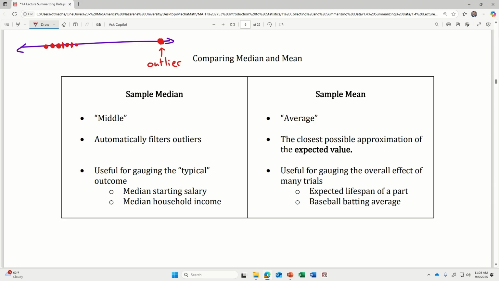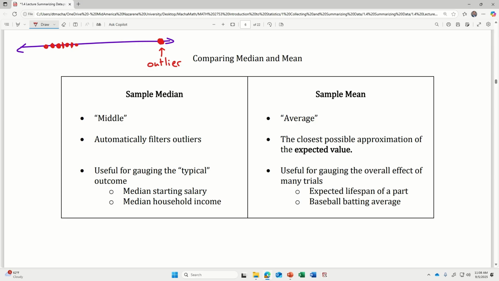When would I want to use the sample mean? Well, what if I am an engineer and part of my oil refinery uses a compressor, and the compressor has replaceable parts? Let's say I care about the impeller or the drive shaft or something in my compressor.